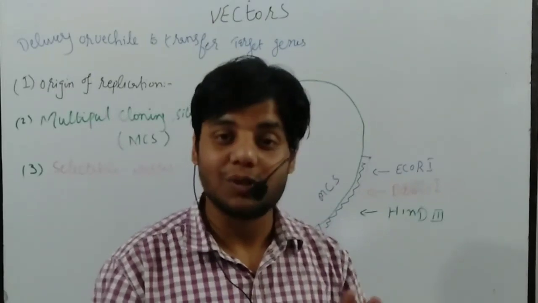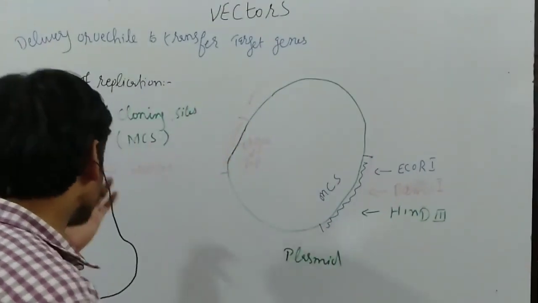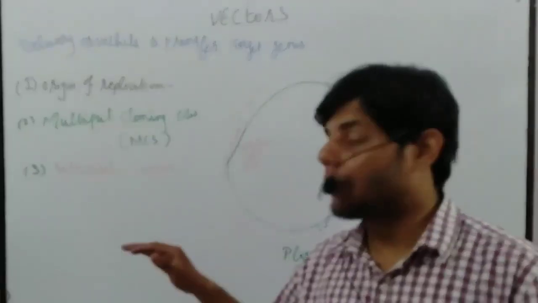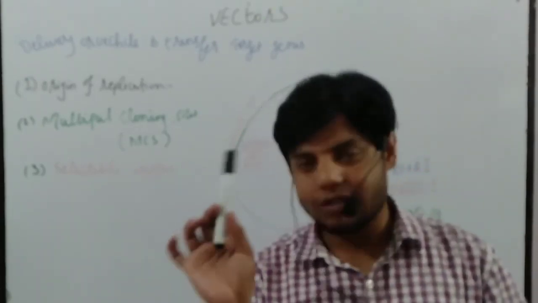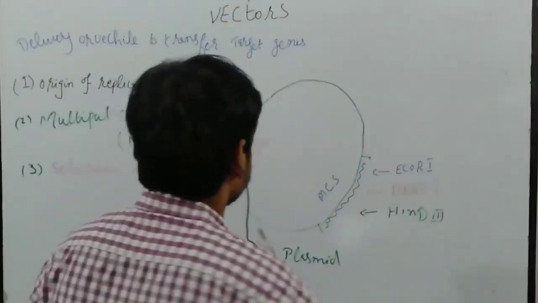But it is not as simple as I discussed. We have another property of the vector, which we call a selectable marker. A vector should have a selectable marker. It doesn't mean they just have a marker like that. Let me explain what a selectable marker means.